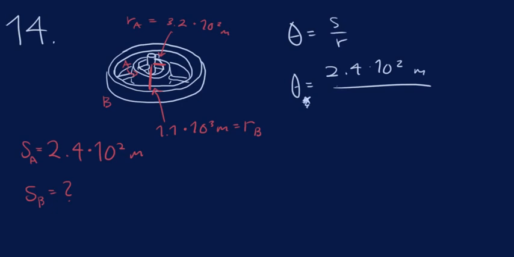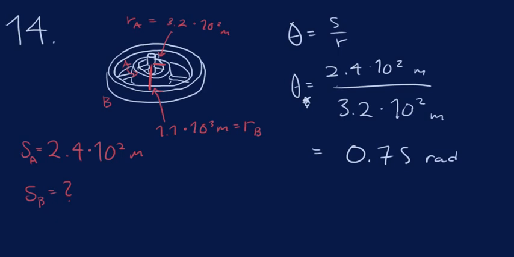So R is 3.2 times 10 to the second meters. And when we work that out, we're going to get 0.75. And that is in radians.